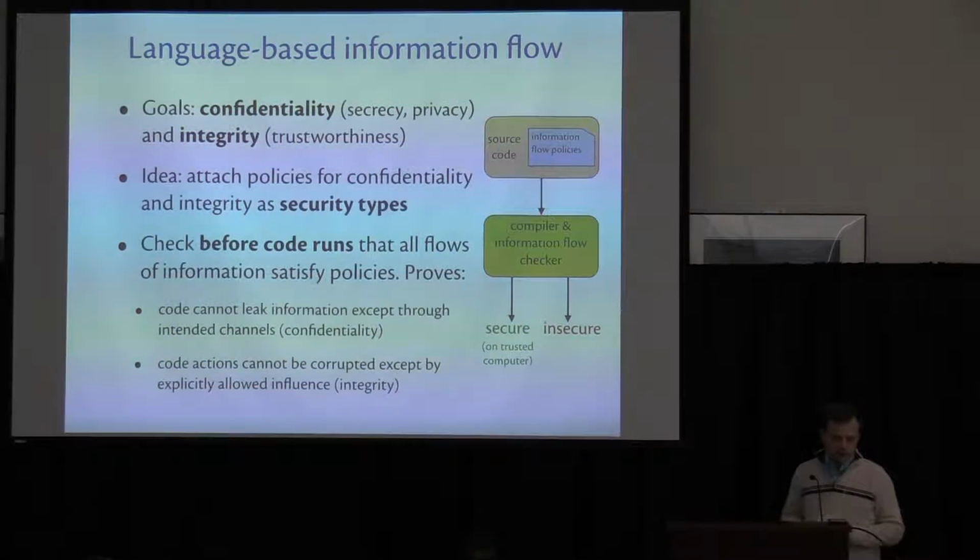And then we can have a compiler look at this code, and it can check whether the code obeys the information flow policies. Does information flow from more secret locations to less secret locations? Or does it flow from less trusted locations to more trusted locations? And the compiler can say yes or no. Okay, so that's the goal.